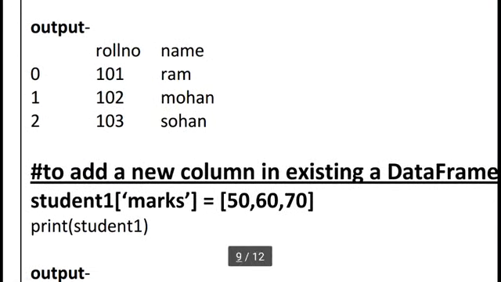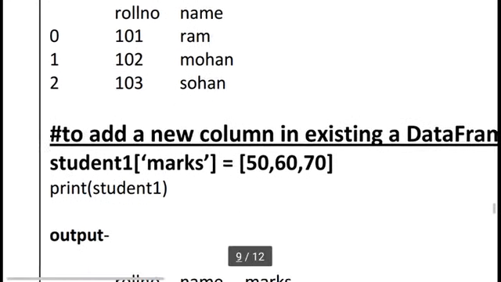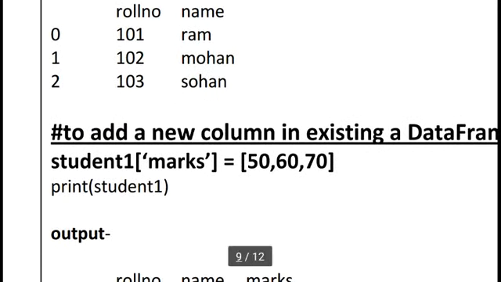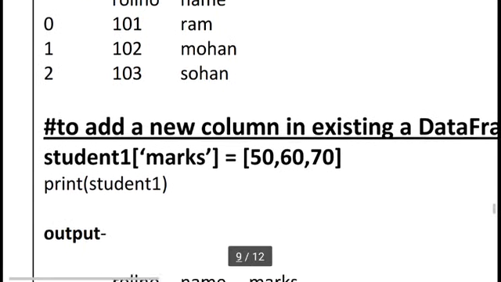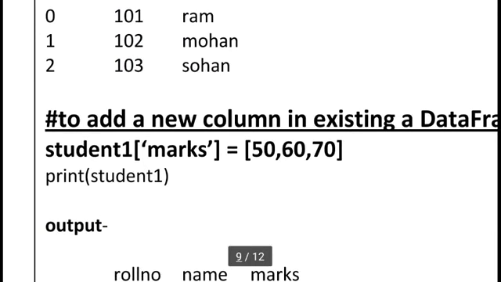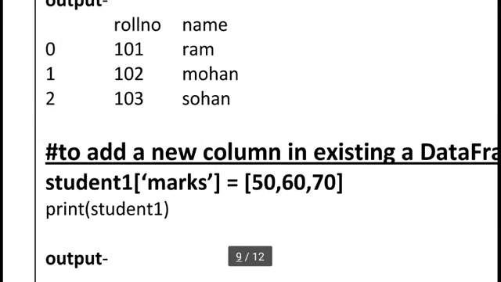Okay, suppose I want to add a new column, so it is a very simple process. Simply we can write student1 in square brackets. This statement we already used to access a particular column, so the same thing we will use here, and is equal to the set of values. Because here I have 3 rows, so I want 3 values: 54 Ram, 64 Mohan, and 74 Sohan.